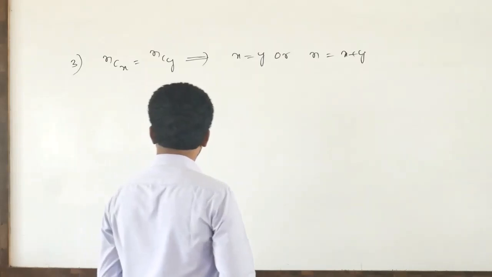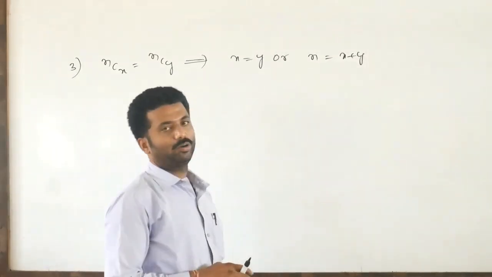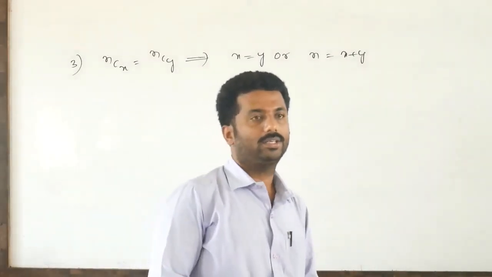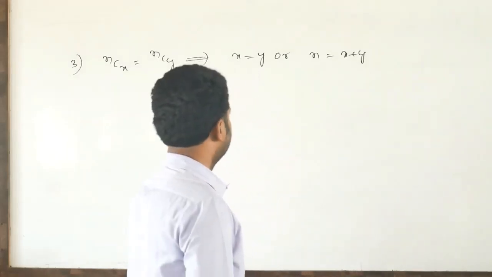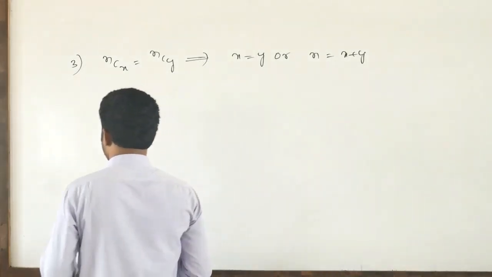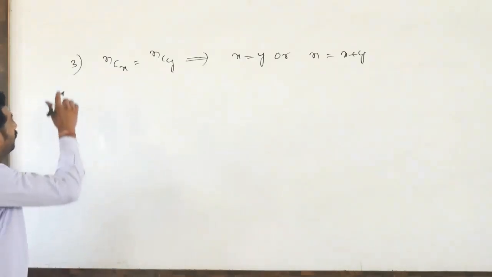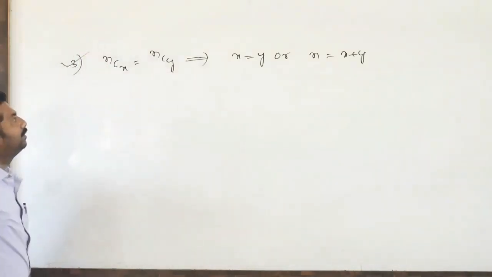In the last class, we discussed up to two properties based on nCr. Today, we will discuss the third property.